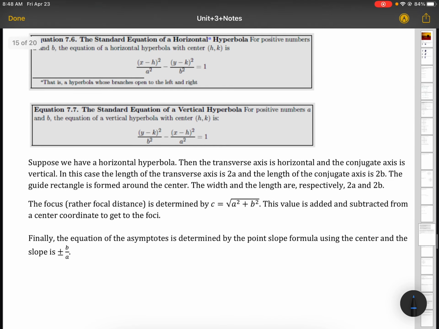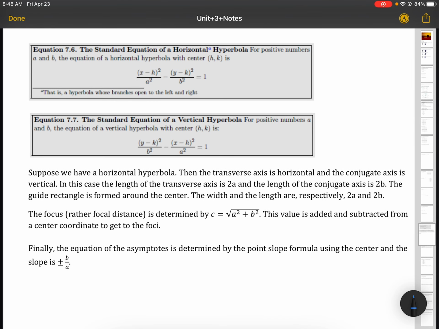We have this equation. If we have a horizontal hyperbola, the x is going to come first, and we're going to subtract the y. If we have a vertical hyperbola, you're going to subtract the x. The y is going to be positive, the x is going to be negative. And when we get our foci, c is going to equal the square root of a squared plus b squared.